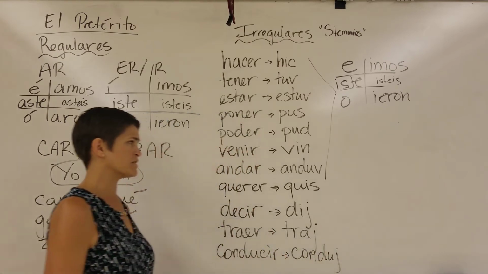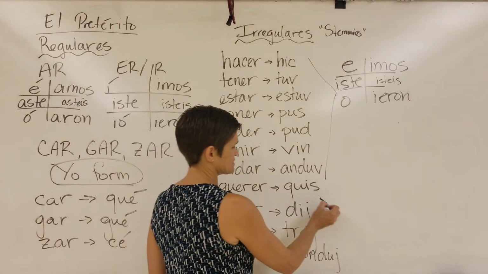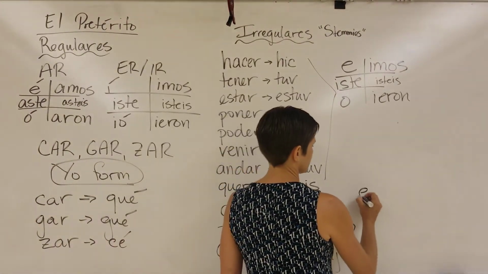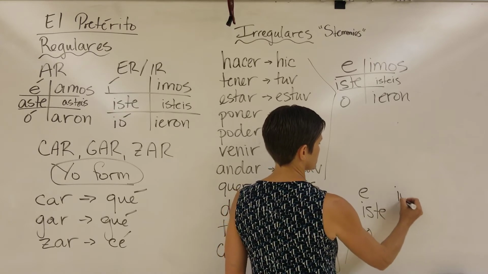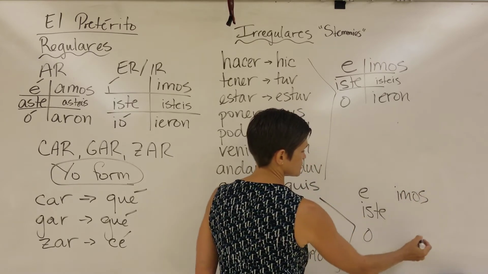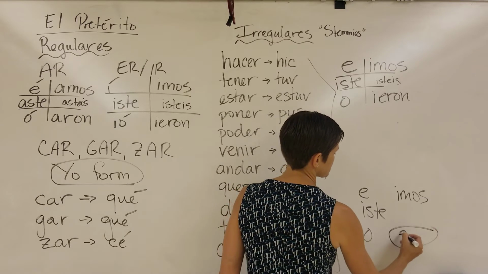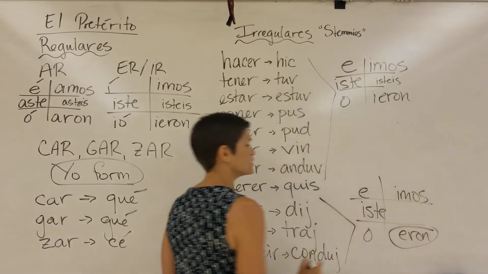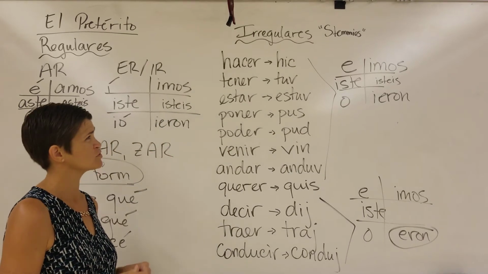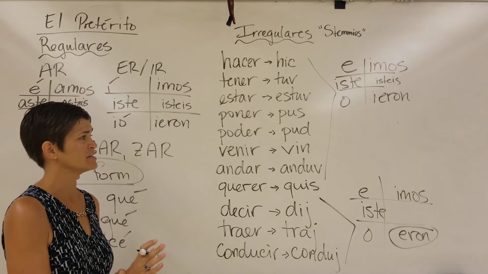And you may remember the difference here is they have the same endings, e, iste, o, imos, except right here it's just going to be eron instead of ieron when it's a J verb. So those J verbs have slightly different stems.